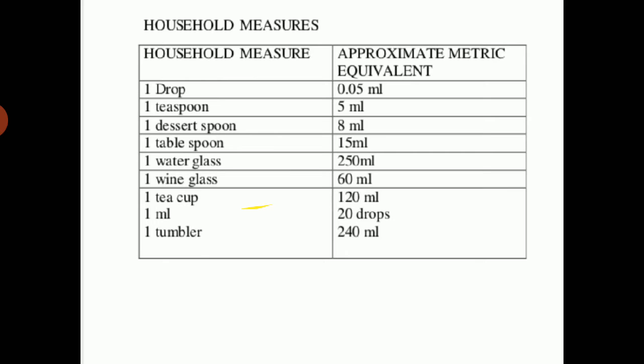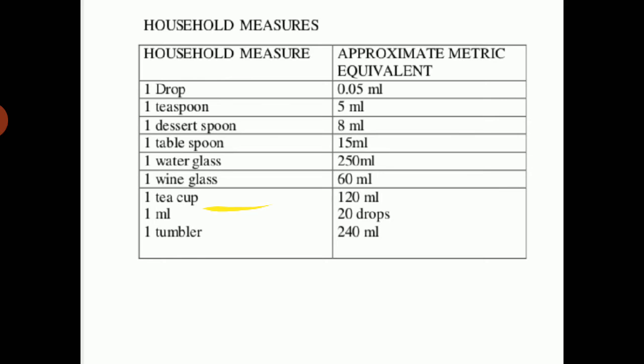Weight measures. If we compare the metric system and imperial system, 1 kilogram is equivalent to 2.2 lb or pounds, 30 grams is equivalent to 1 ounce, and 450 grams is equivalent to 1 pound, and 1 gram is equivalent to 15 grains, and 60 mg is equivalent to 1 grain.